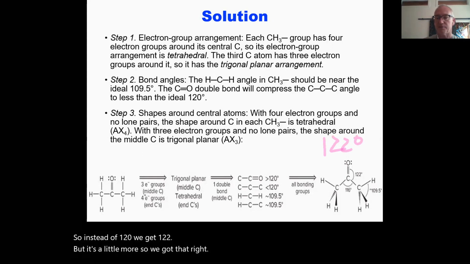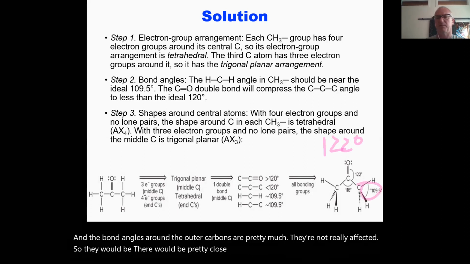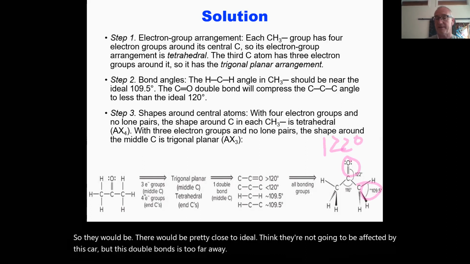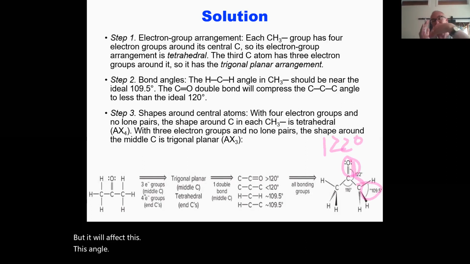And the bond angles around the outer carbons are not really affected. They would be pretty close to ideal. They're not going to be affected by this double bond because it's too far away. But it will affect this angle because it'll push it a little bit. Not by a whole lot, but it does push it a little bit.